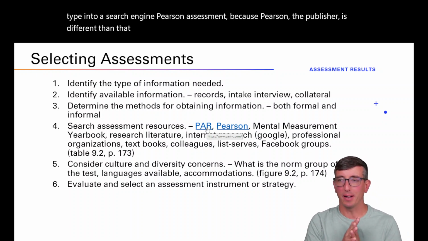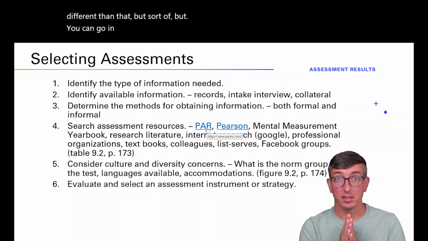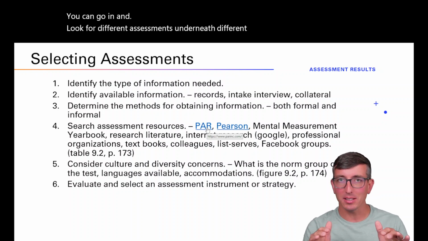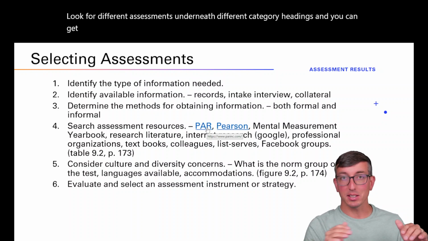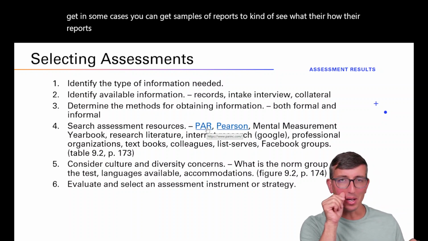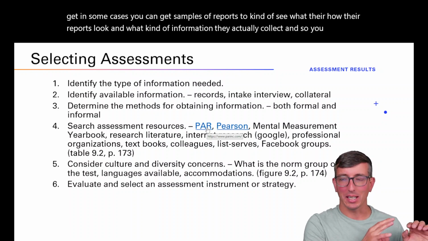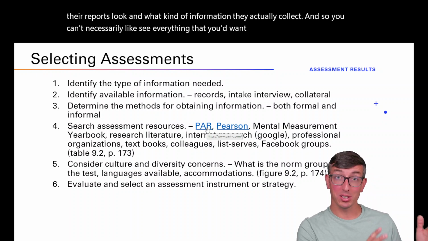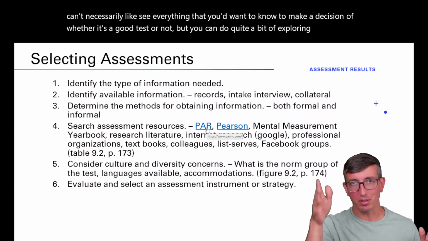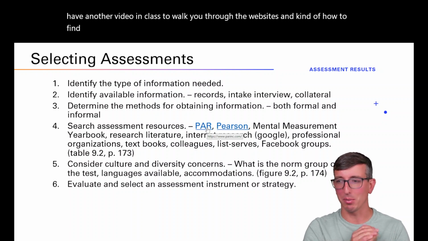You can look for different assessments under different category headings, and in some cases you can get samples of reports to see how their reports look and what kind of information they actually collect. You can't necessarily see everything you'd want to know to decide whether it's a good test or not, but you can do quite a bit of exploring. I have another video in class to walk you through the websites and how to find information, and we can maybe do that this week too.